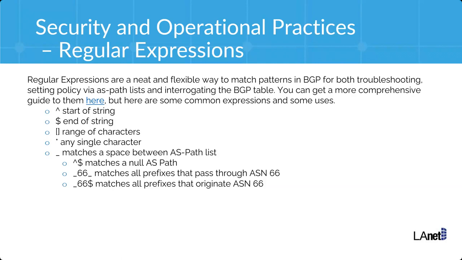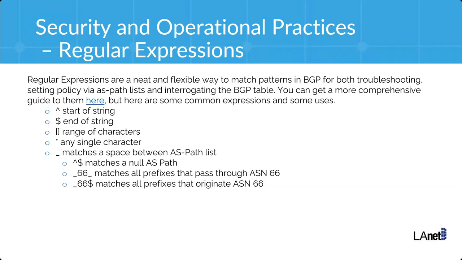I'm not going to cover them all here. In fact, it looks like I'm just covering 5 of them here. 5 of the most common ones: a start of a string, an end of a string, a range of characters for a single space, matching any single character, and then matching the space between ASNs in an ASPath list, right?